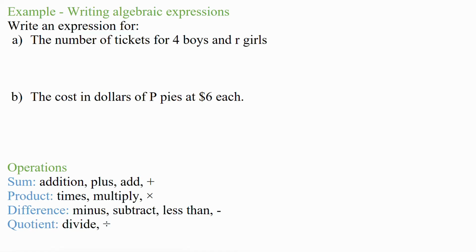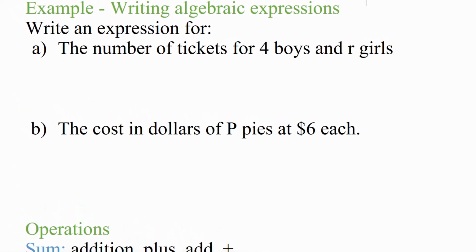I'm going to start off by just zooming in so I can write a little neater. Tickets, because that'll be all the tickets, are going to equal 4, because we know there's 4 for the boys, so we at least got 4 tickets. And then we've got an r, an unknown amount of tickets for the girls, so plus r. And that's my expression. Tickets equals 4 plus r.